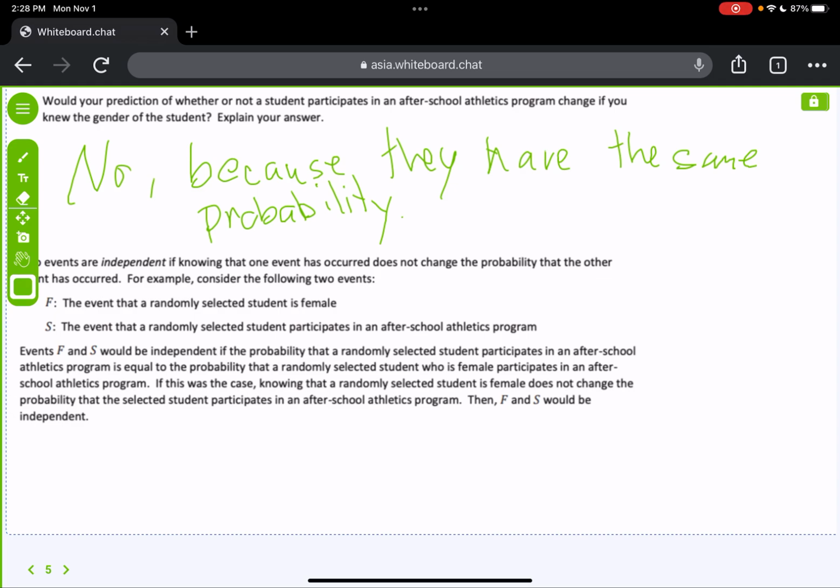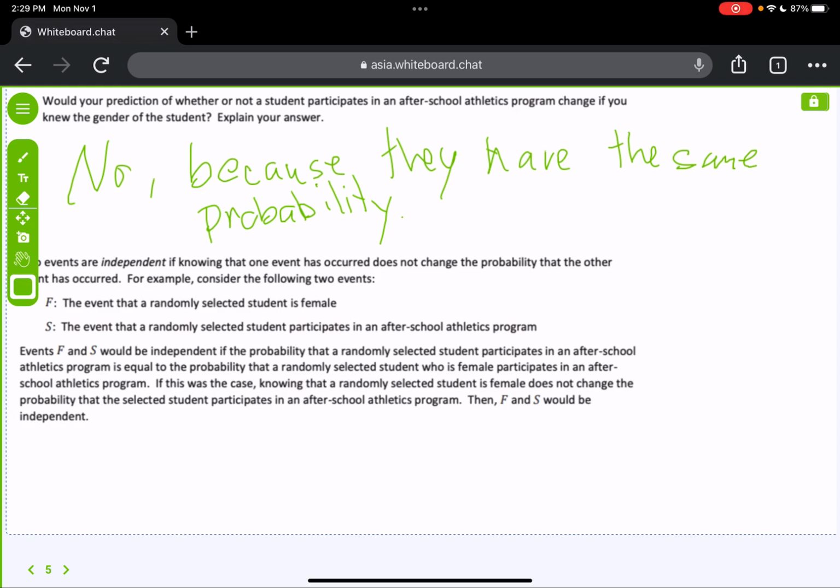Events F and S would be independent if the probability that a randomly selected student participates in an after-school athletic program is equal to the probability that a randomly selected student who is female participates in an after-school program. If this was the case, knowing that a randomly selected student is female does not change the probability that the selected student participates in an after-school athletic program. Then F and S would be independent.